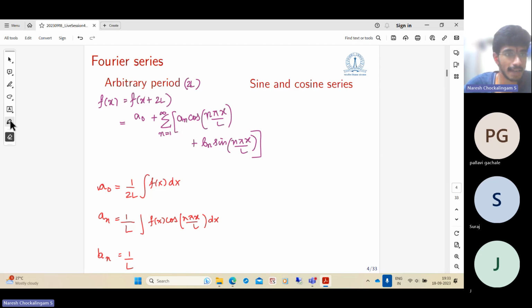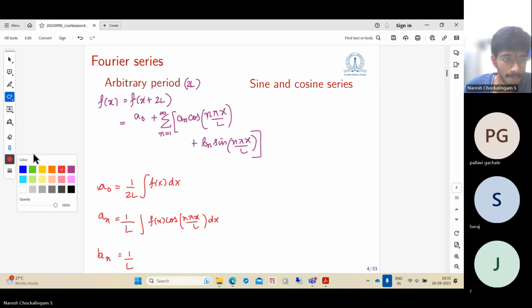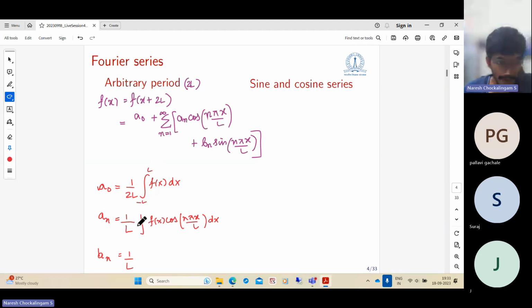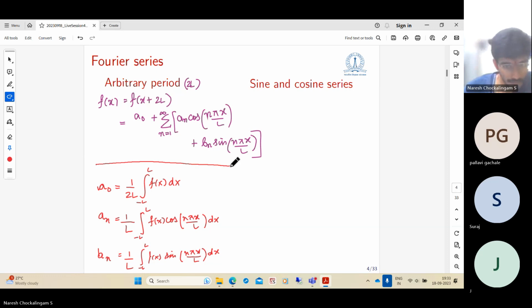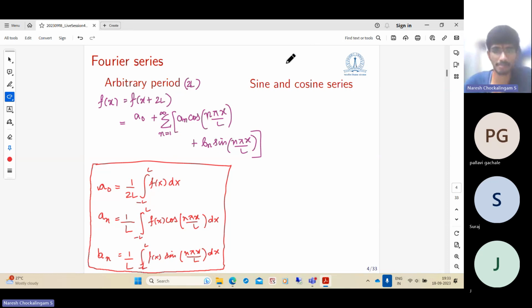So all these are in L. The integral is from minus L to L. This is also from minus L to L. Bn is 1 by L integral from minus L to L of f of x sin n pi x by L dx. So that's all it is.